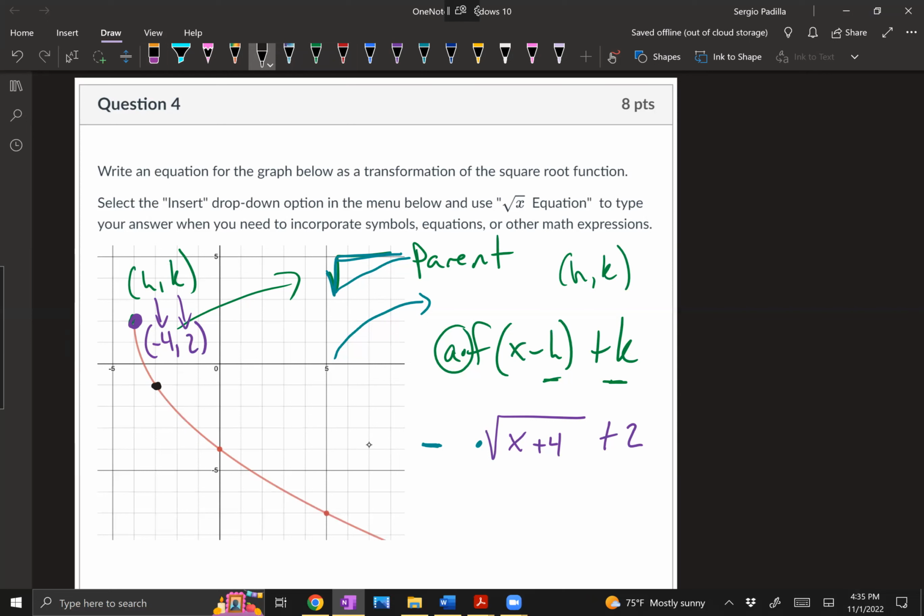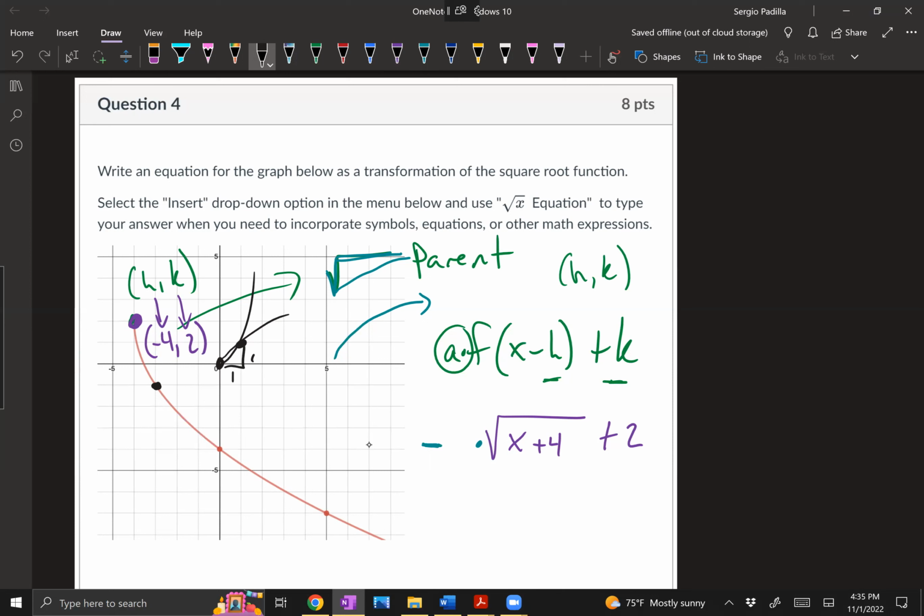Okay, typically a square root function, my very next point should be 1 and 1, because that's how the graph of that goes typically. Most graphs, like a parabola, also have the same thing going on. When you plug in 1 into a function, you get out 1, at least into a parent function.